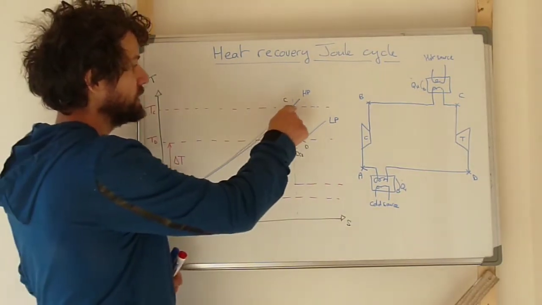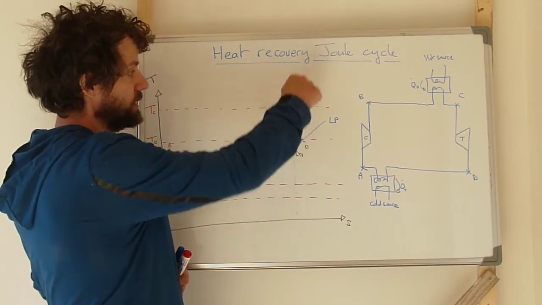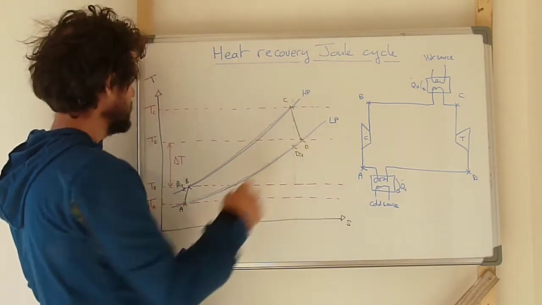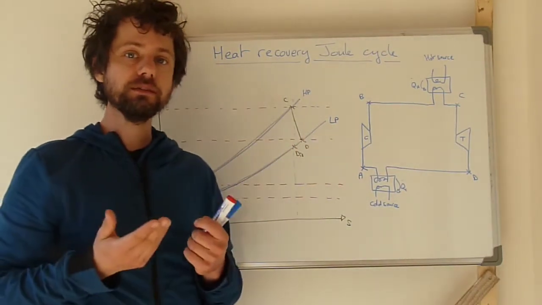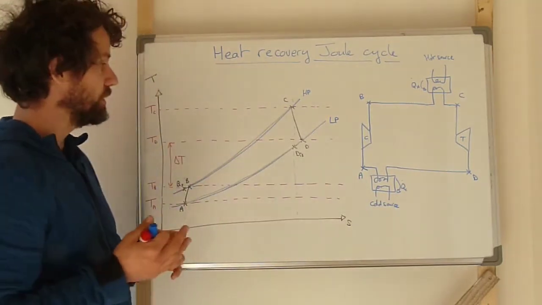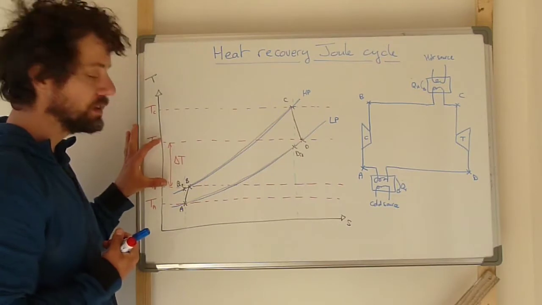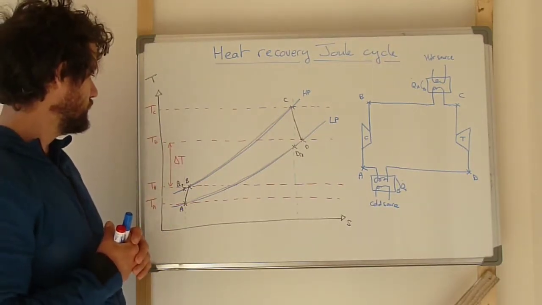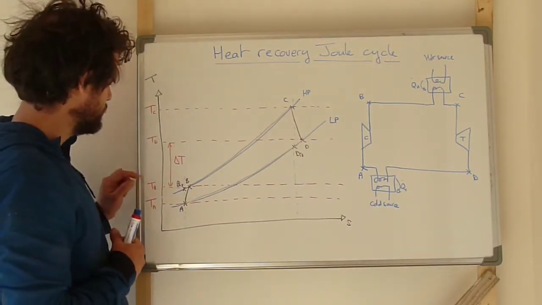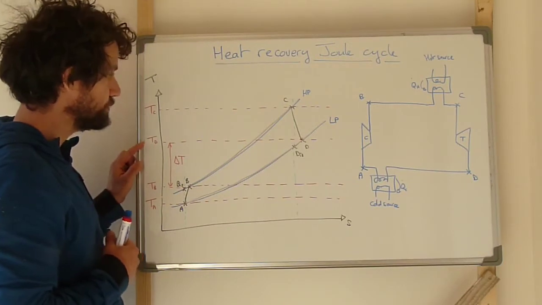And if the temperature of point C is increased, it will also increase the temperature of the outlet of the turbine, point D, and these things tend to increase the available temperature difference between point B and point D.